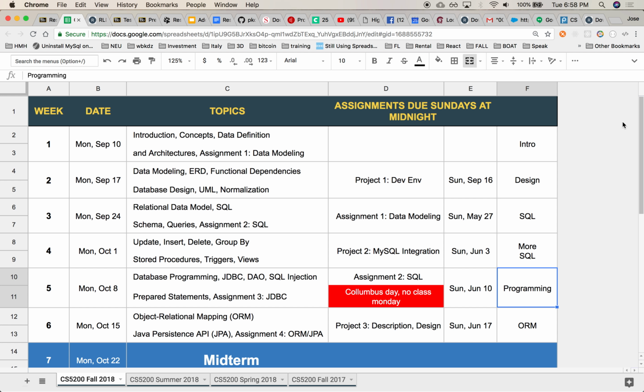We've spent quite a bit of time already on the conceptual foundations of data structures, the structure of data, and relationships between them. The next couple of weeks we're going to spend on how to represent that conceptual model as a relational model, specifically using SQL for creating tables, querying, updating and deleting.